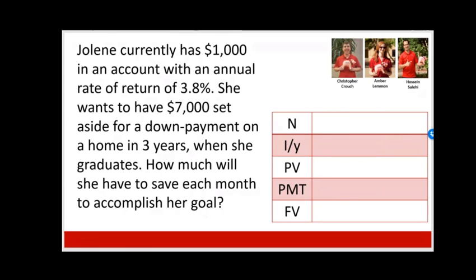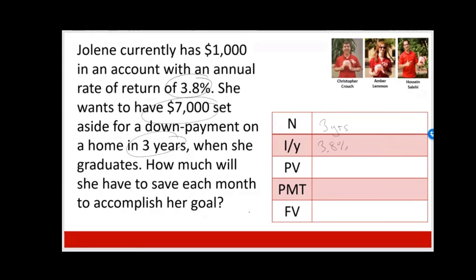So the interest rate. Yep, so the interest rate is 3.8%. The N would be 3. 7,000 would be the PV, negative.